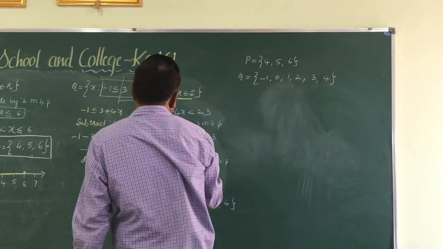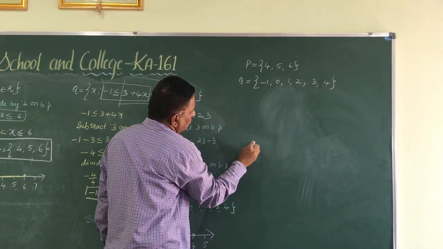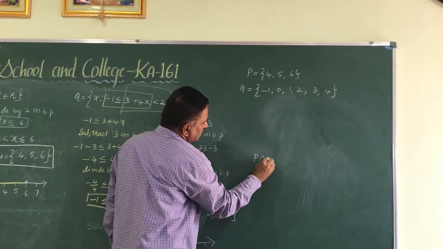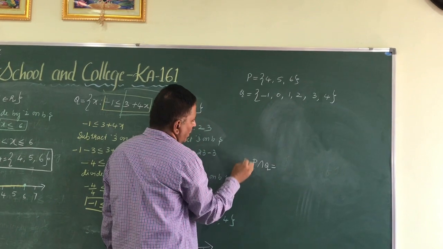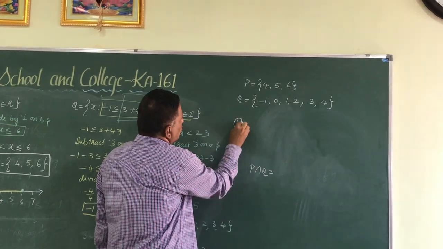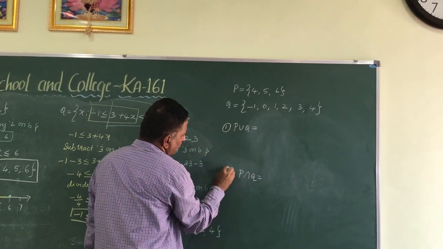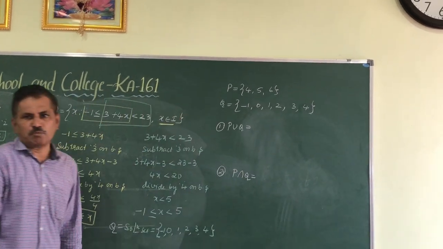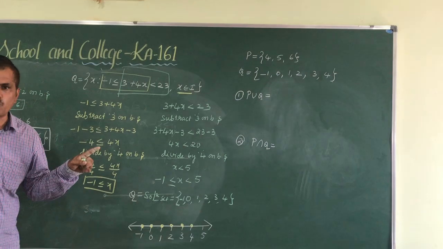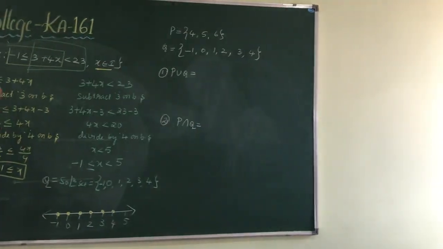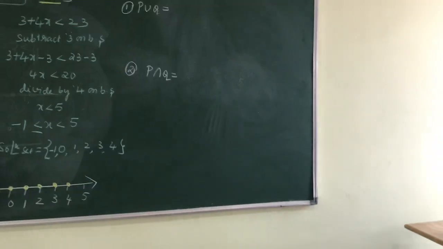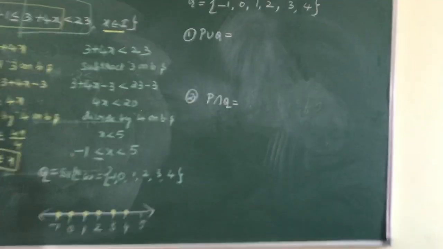The question is, he has asked you to find out P intersection Q. Okay, even we can do P union Q also. Intersection, union. So union means what? You have to write those values which are present in both sets, okay, only for one time.